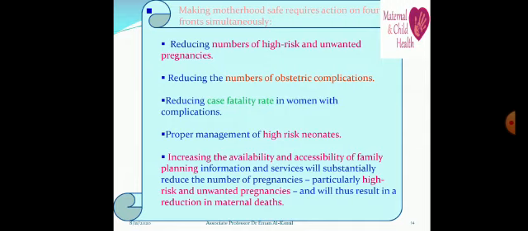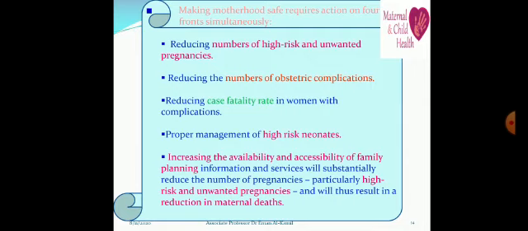Making motherhood safe requires action on four fronts simultaneously. First, reducing the number of high-risk and unwanted pregnancies. It is important, as we mentioned, to determine which mothers are at high risk, and there are many causes. We are going to discuss that, and it is important to determine or prevent what is called unwanted pregnancy.